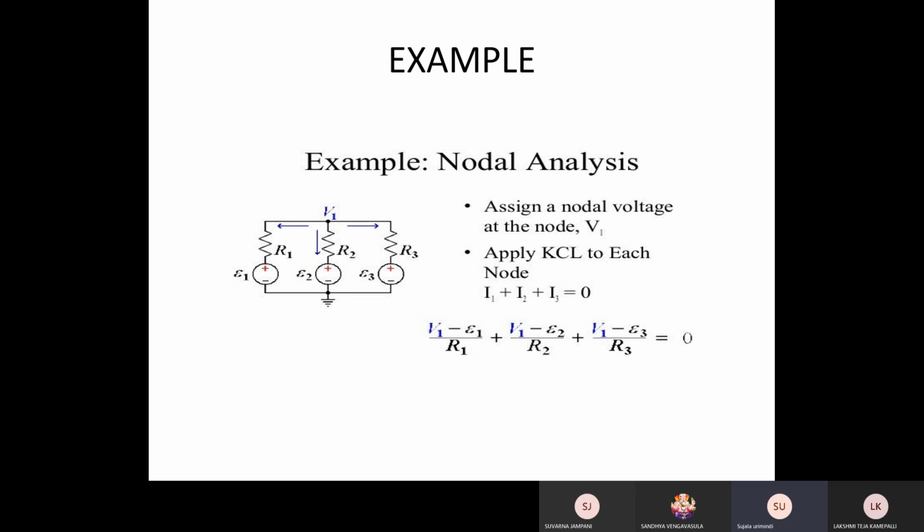If there is no voltage source, then you write V1 by R1 plus V1 by R2 plus V1 by R3. But here the voltage sources are there, so we write V1 minus E1 by R1, V1 minus E2 by R2 plus V1 minus E3 by R3, so that the sum of the currents is equal to 0. This is called KCL or nodal analysis.